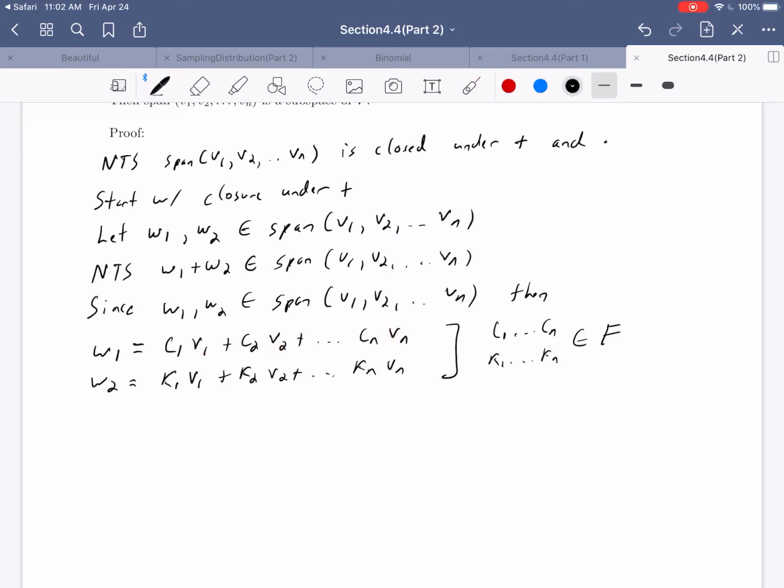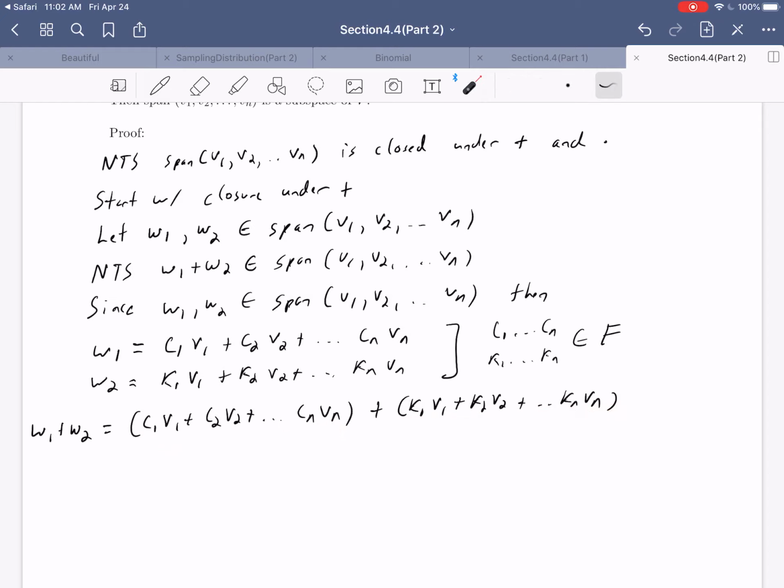Okay, so then let's take a look at what we can say about w1 plus w2. That would be c1 v1 plus c2 v2 plus cn vn plus k1 v1 plus k2 v2 plus kn vn. Now, that's w1 there, that's w2 there. Let's group this according to vector 1, then vector 2, etc. So we can see this as c1 v1 plus k1 v1 plus c2 v2 plus k2 v2, and so on, through cn vn plus kn vn.